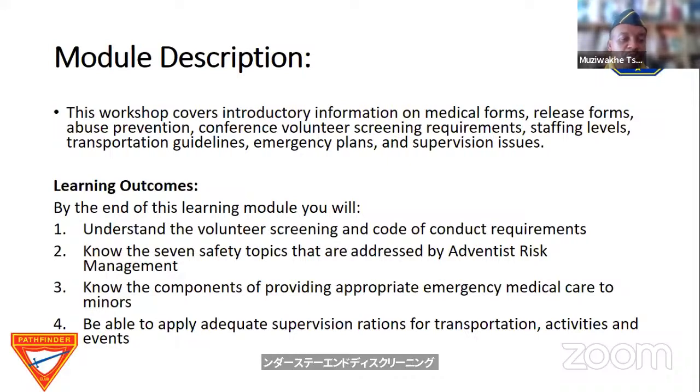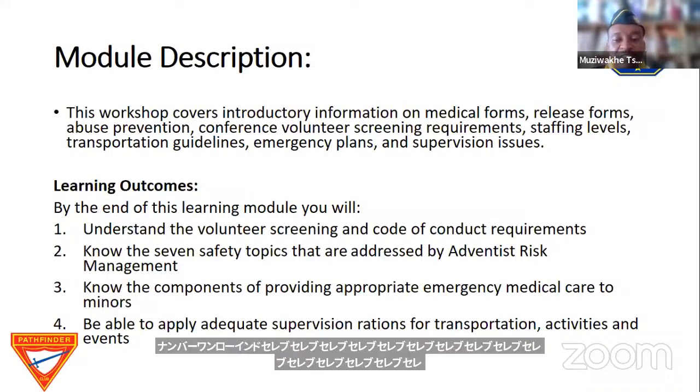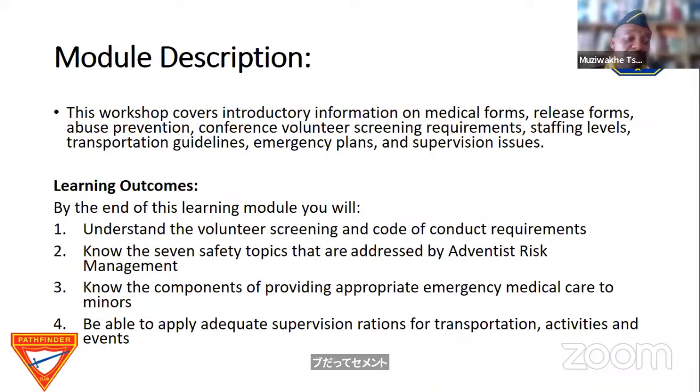Number two, know the 7 safety topics that are addressed by Seventh-day Adventist Risk Management, or what we know as ARM, and know the components of providing appropriate emergency medical care, particularly to minors, and be able to apply adequate supervision ratios for transportation, activities, and events.